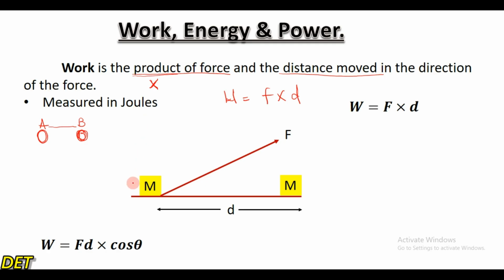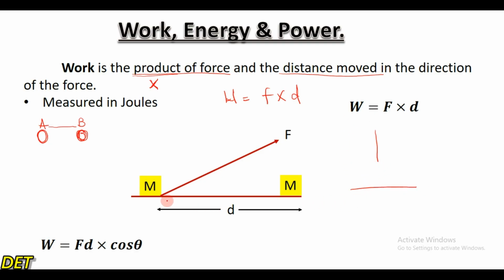So work is the product of force and the distance moved in the direction of the force, and it is measured in joules. So if, for instance, I have a box M, and I'm applying a force at an angle to the horizontal. This is a horizontal line, and this is a vertical line. From left to right is horizontal, from up to down is vertical.